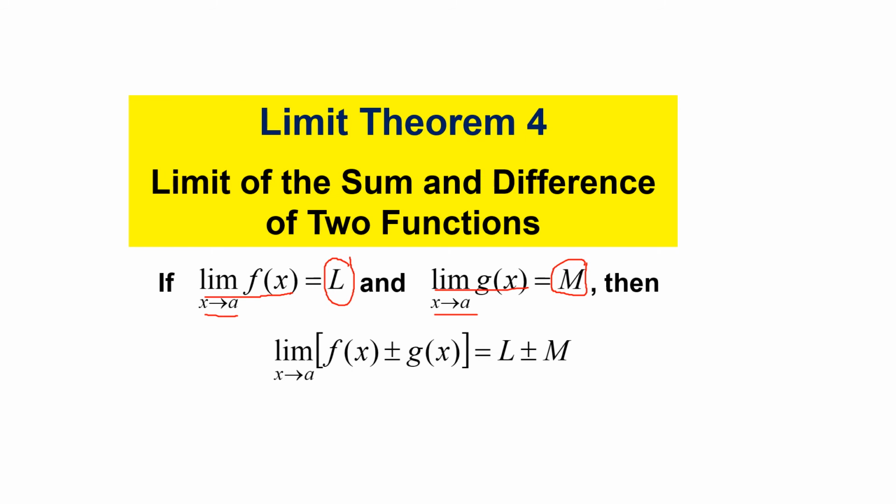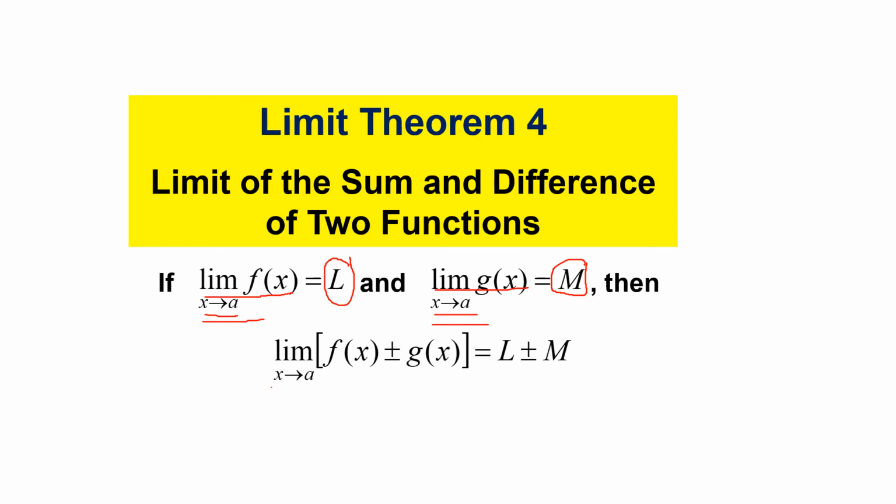Since it is the same scenario, with this x approaches a, the same limit for these two given functions, that is simply equal to the limit of f of x plus or minus g of x when x approaches a.